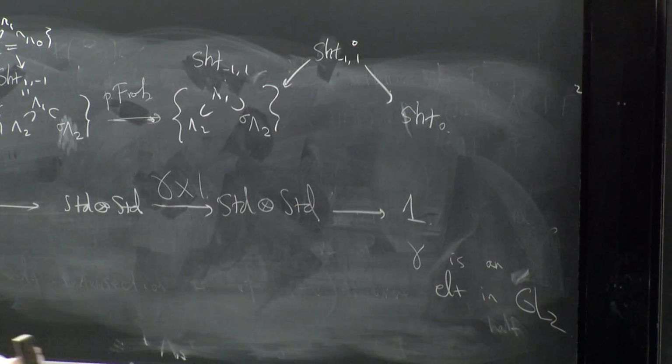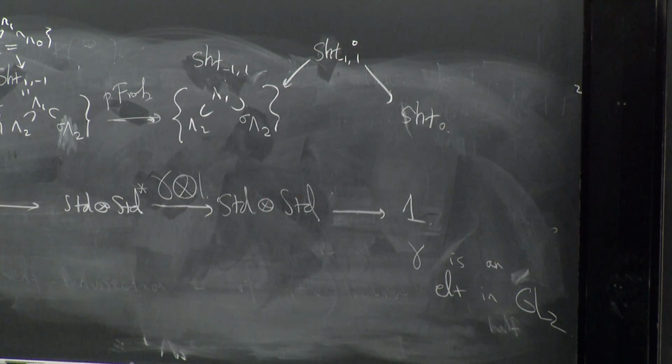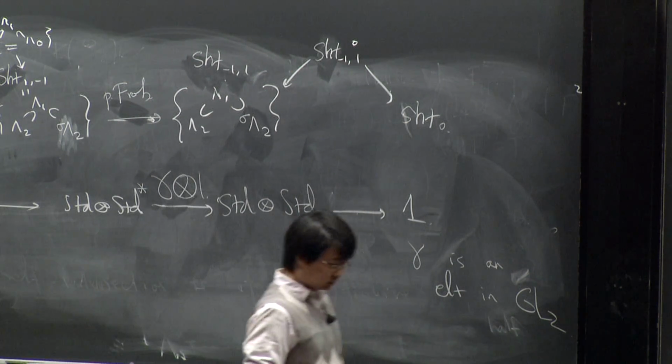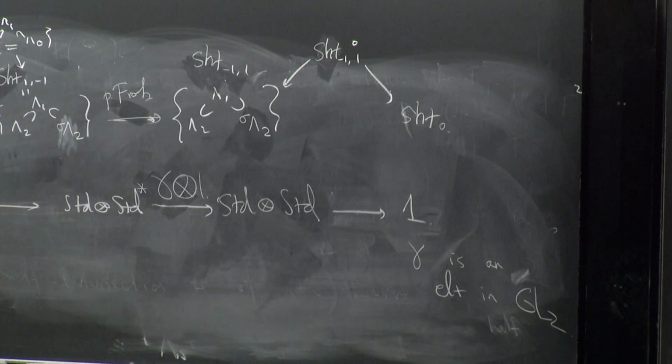Okay, so this gamma is not a theorem because it doesn't literally make sense. It will make sense later on when I pull back everything to the global situation. But this meta theorem is basically a result of Vincent Lafforgue.